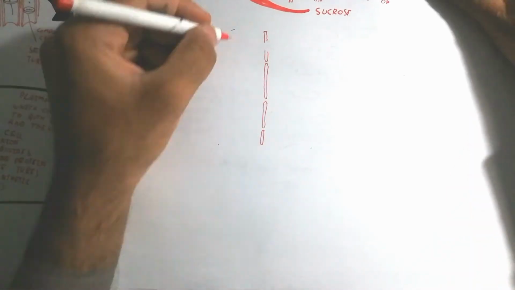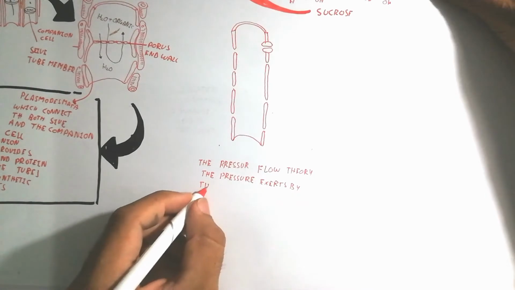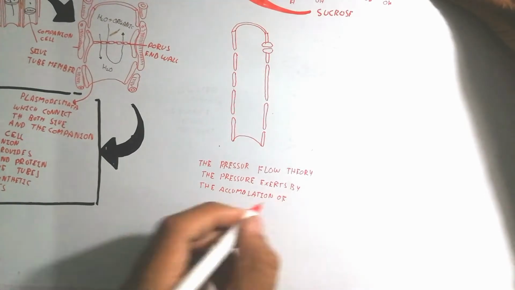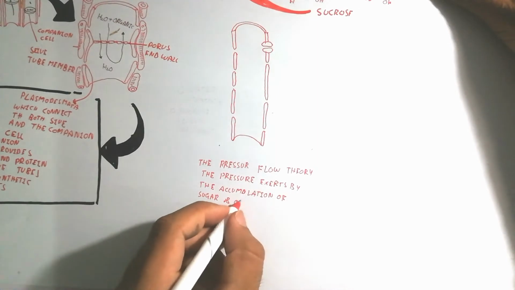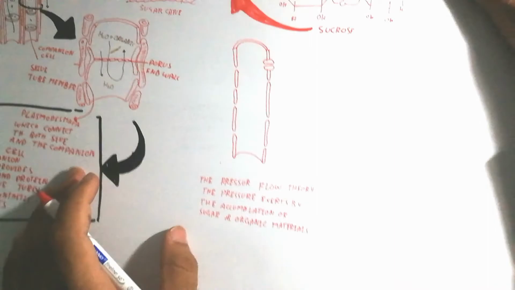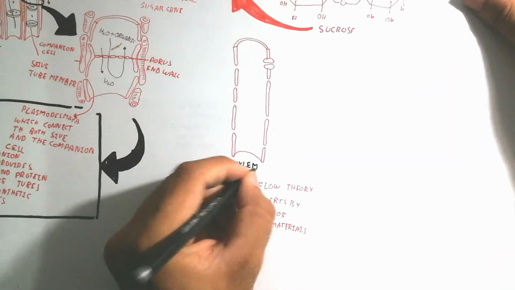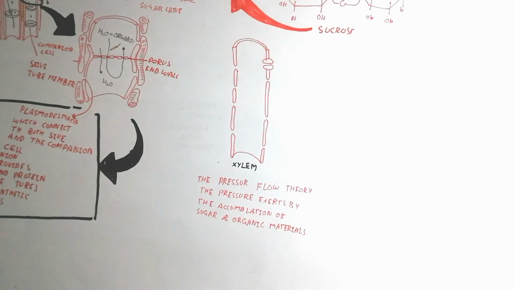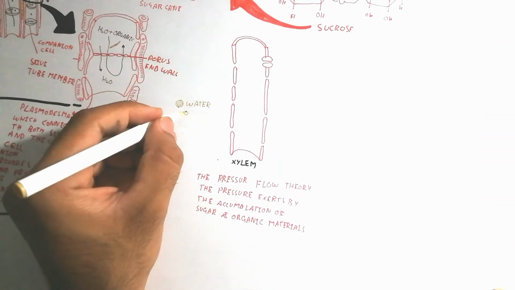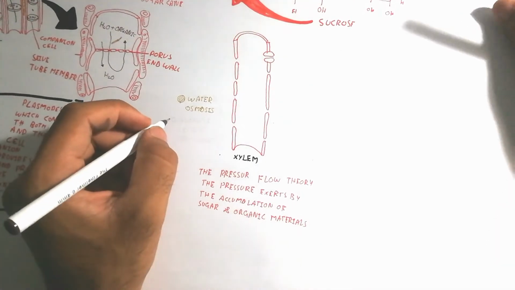Pressure flow means that pressure will be produced in the solute, which is compelled to move to other cells. So that's the pressure flow theory. When the accumulation of sugar and organic material in one cell is too much, the pressure exerted moves it by plasmodesmata to another cell. That is what is known as the pressure flow theory.